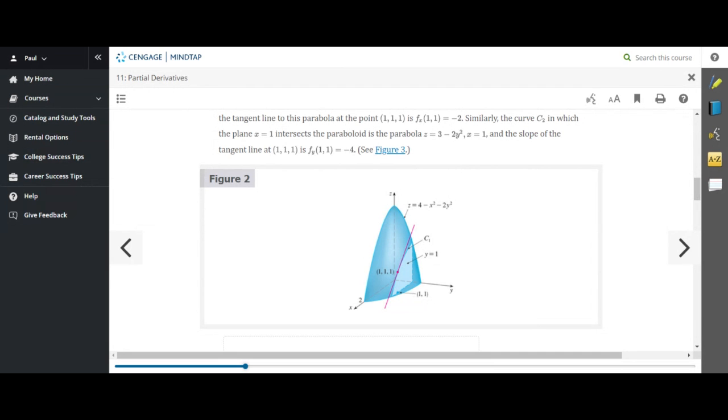So the point on the surface is (1, 1, 1), and we draw a tangent line in the direction of the x-axis. Is the slope of that red tangent line with respect to the x-axis positive or negative?